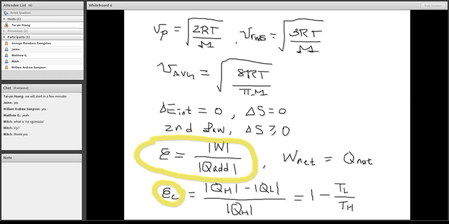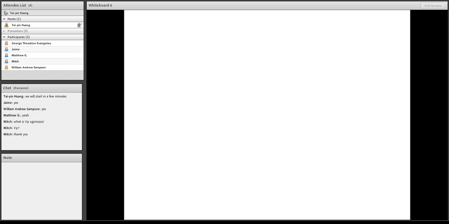Okay, so that's the thermal efficiency, and we also mentioned the coefficient of performance, which is when you're dealing with a refrigerator.